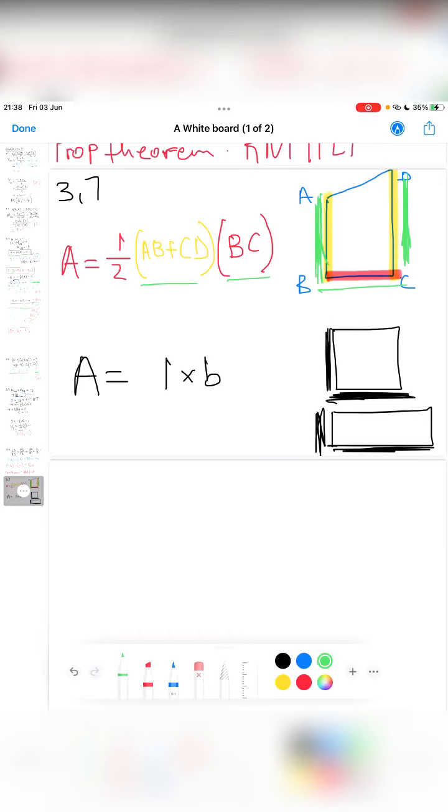So that is why you are having line 1, you add it with line 2, and then with this half, it's more like you are trying to get an average between these two lines. And then that average serves as your length. And then you multiply it with your breadth.